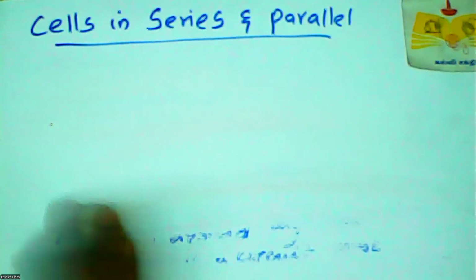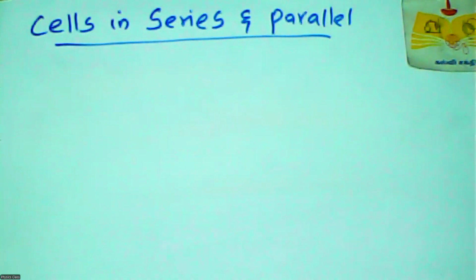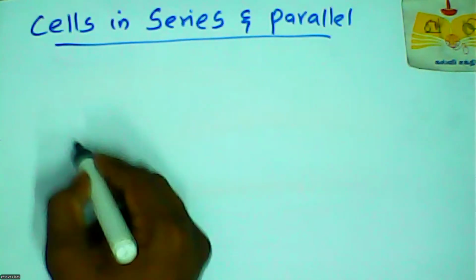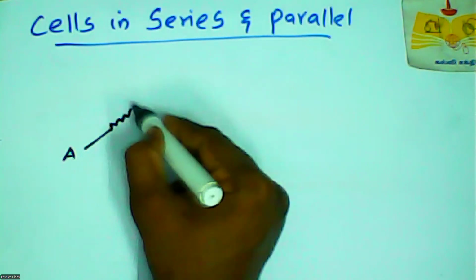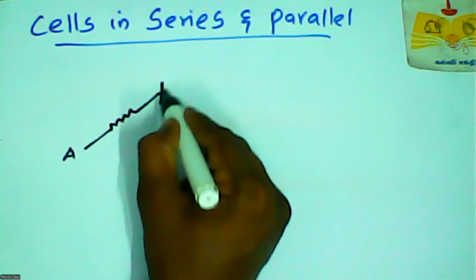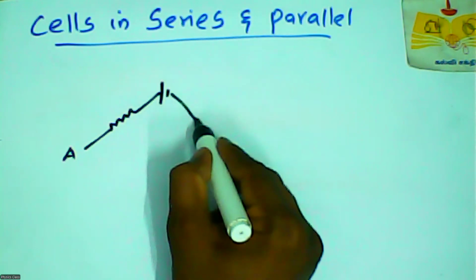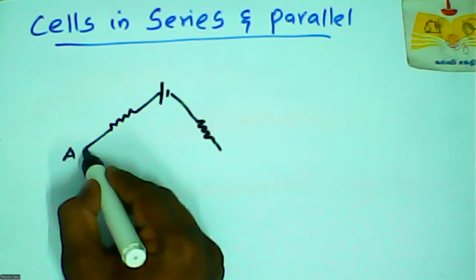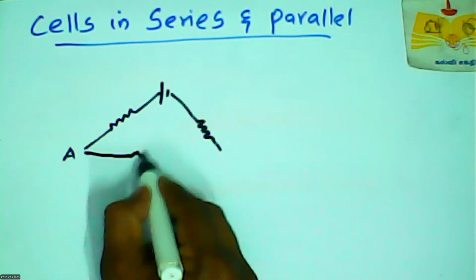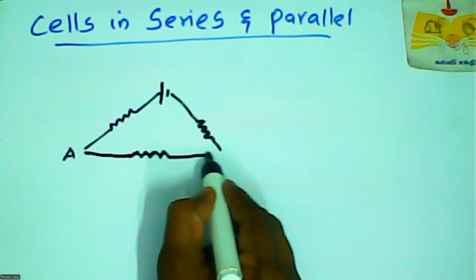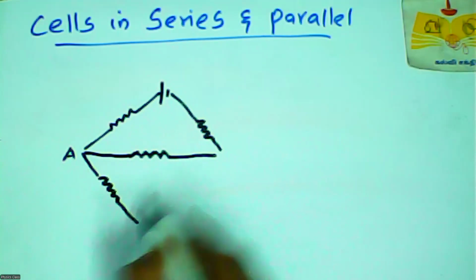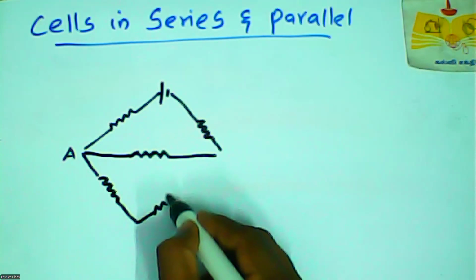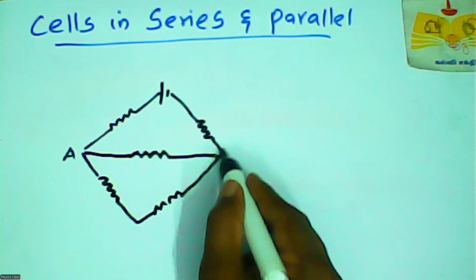For example, we can draw one diagram related to this figure. So this is one connection.